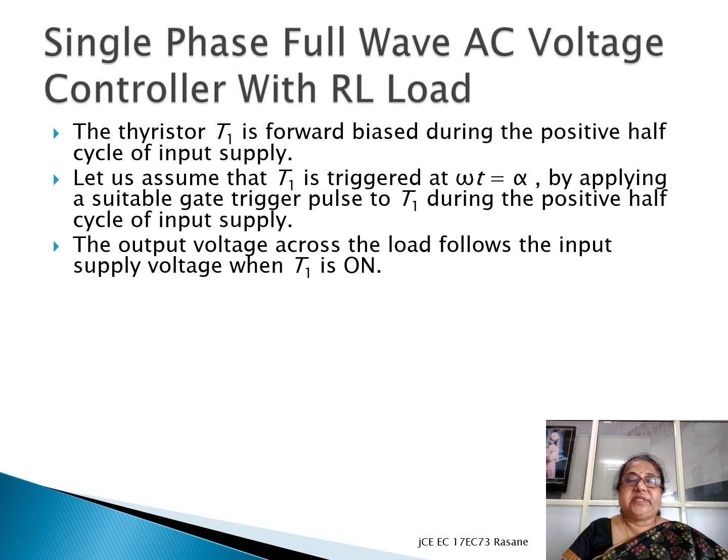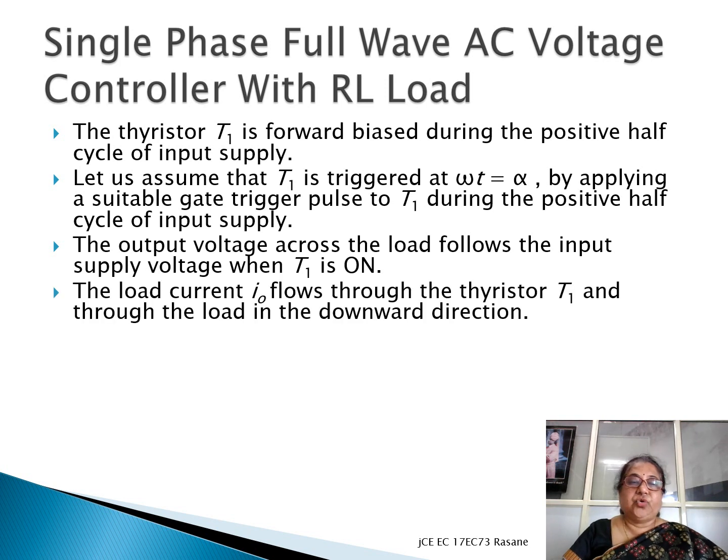The output voltage across the load follows the input supply when T1 is on. As I said, they are acting like a switch. So when T1 is on at omega t equal to alpha, the input supply voltage gets connected to the load, that is the RL load.